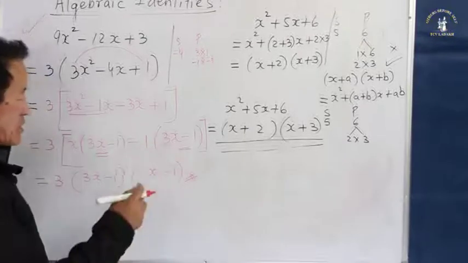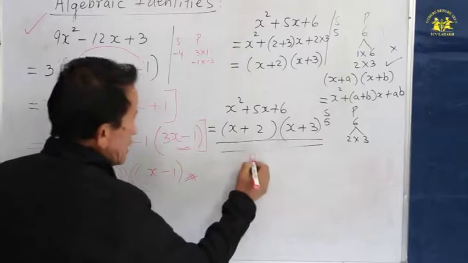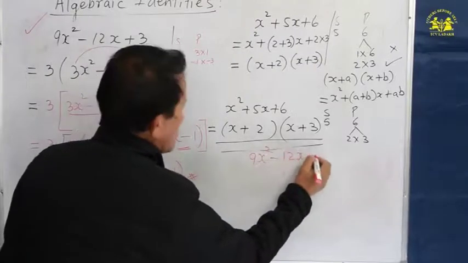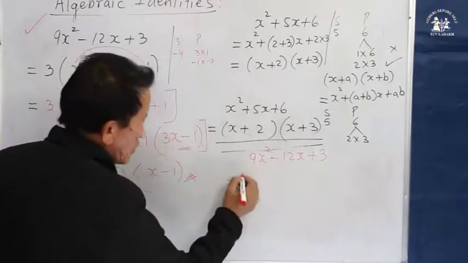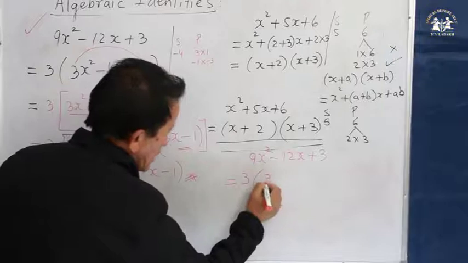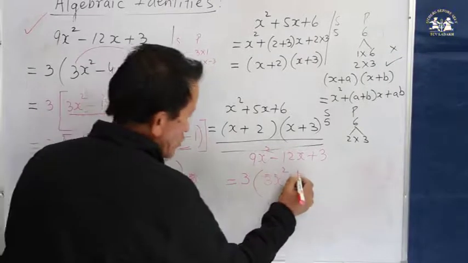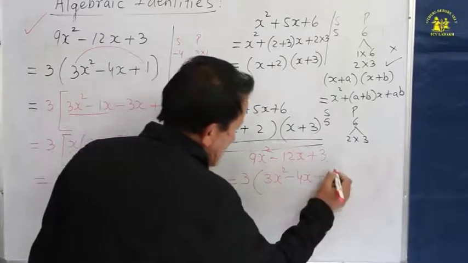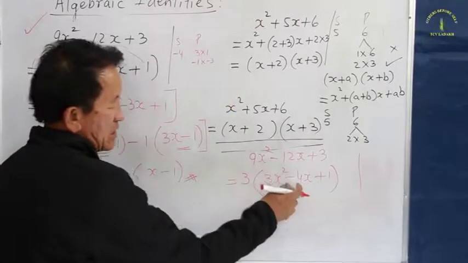The second method is the quick method. So for that, 9x squared minus 12x plus 3. 3 is common throughout, so you take 3 out. You get 3x squared minus 4x, since 3 fours are 12, plus 1, since 3 ones are 3. Now we have to split the middle term.